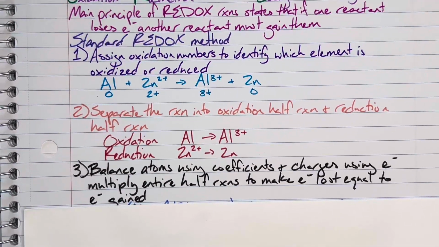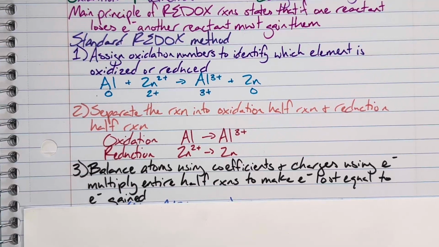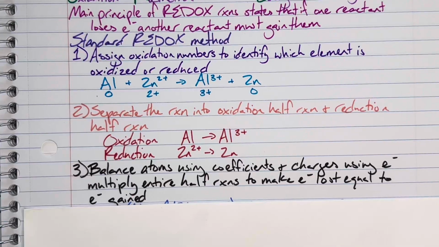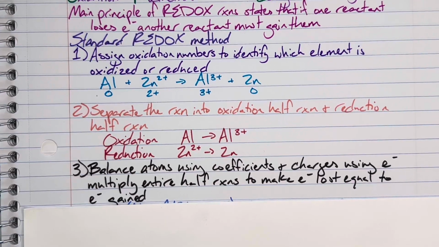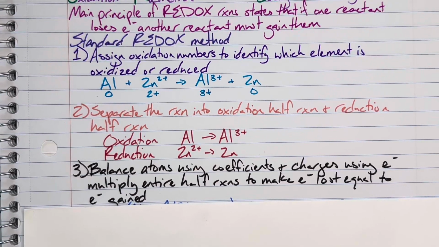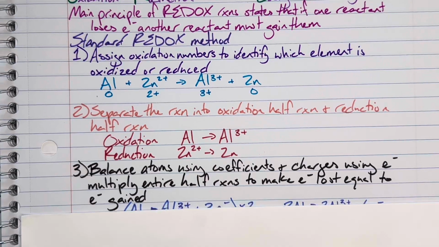I am then going to balance the atoms utilizing coefficients and the charges utilizing electrons. I will then multiply the entire half reactions to make sure that the number of electrons lost in my oxidation is the same as the amount gained in my reduction reaction.